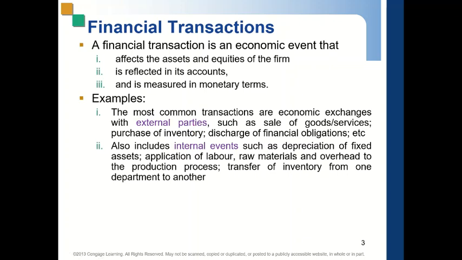For instance, when we sell our products or our service to our customer. Or perhaps we are buying raw materials that will go into the manufacture of whatever product it is that we manufacture. Or sometimes we are paying our financial obligations, for instance, paying tax to the tax authorities. So those would be economic exchanges with parties that are external to the firm.